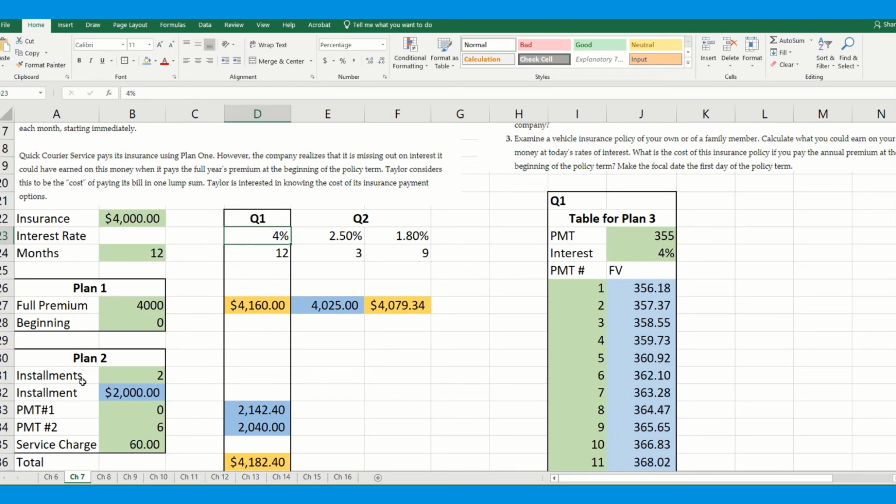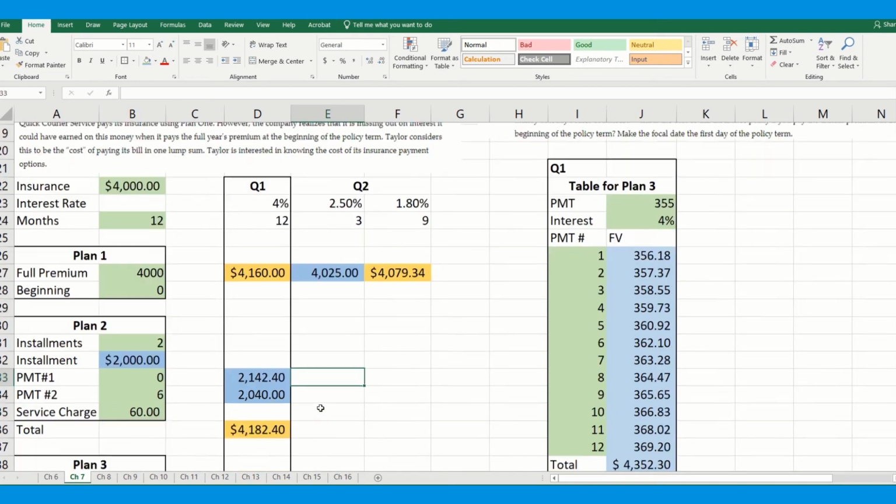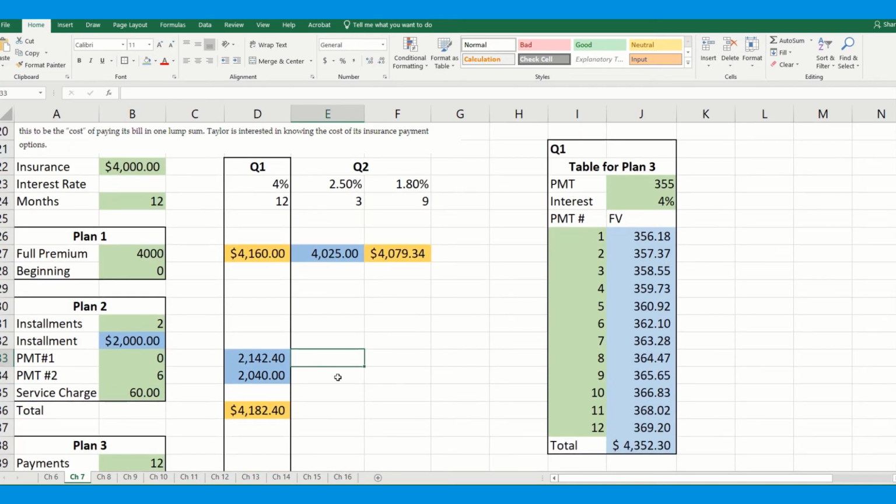So Plan 2 has 2 payments, payment 1 at 0, payment 2 at 6 months, so that's right away, and then at 6 months. So what we're going to do here is we're going to see how much that grows, and then we'll have a total down here that we can add up.